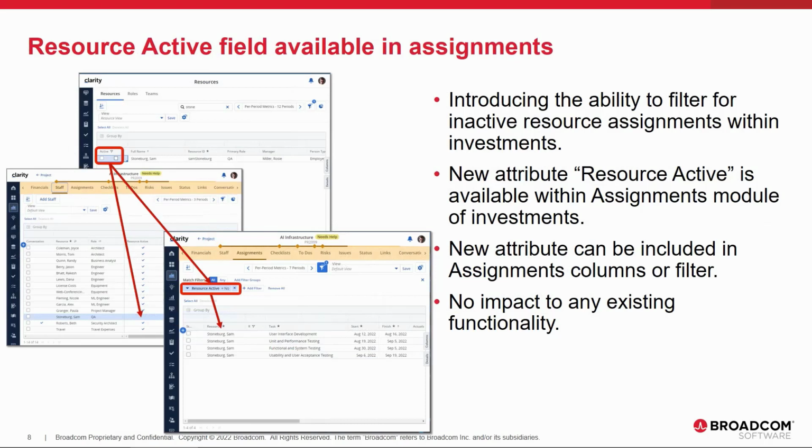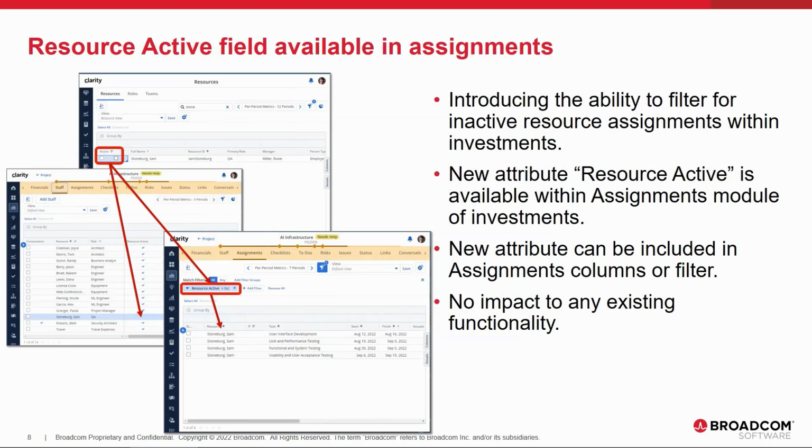The third change that's coming in is in regards to the resource active fields. Customers had asked that if there is a resource in the system that was assigned to specific tasks within an investment and that resource became inactive, there was no easy way for them to find out in the modern UX which specific assignments that resource was assigned to in their respective investments.